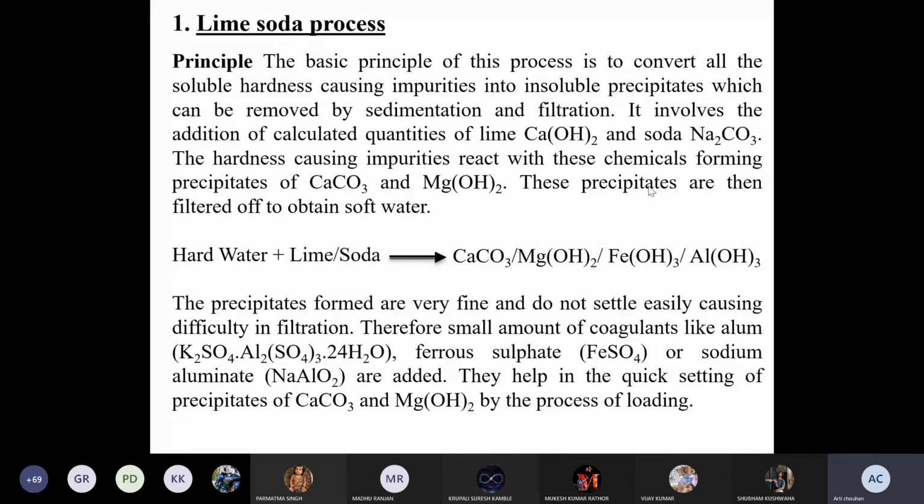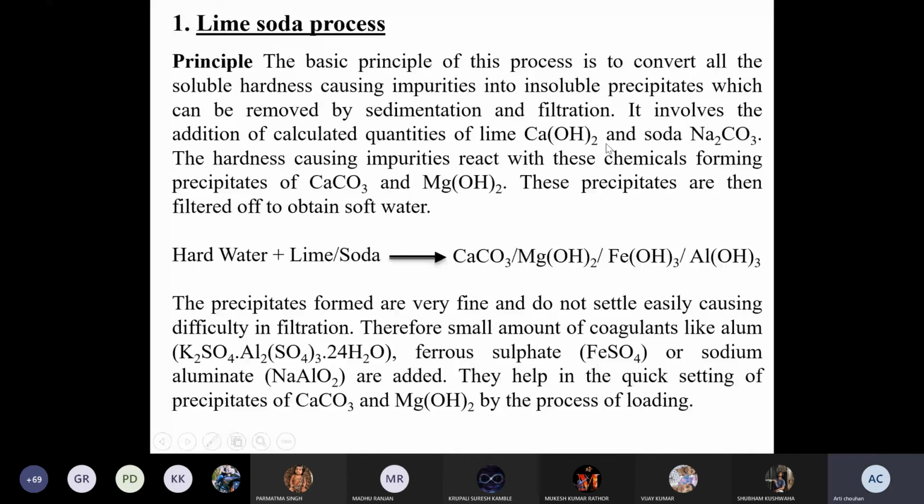It involves the addition of a calculated amount of lime and soda. The calculated amount is very much required, because if you add an excess amount of lime and soda during the process, that may cause another kind of trouble to your boiler, a certain new kind of trouble. So the calculated quantity of these substances must be added.